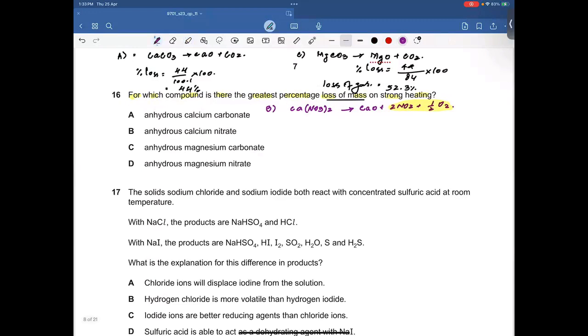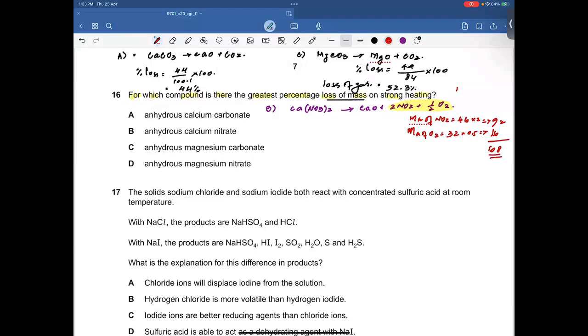The MR of NO2 is 46. Since we have 2 moles, 46 times 2 is going to be 92. The MR of oxygen is 32. Since we have half a mole, times 0.5 is going to be 16. So 92 plus 16 is going to be 108. So 108 is basically the lost mass.